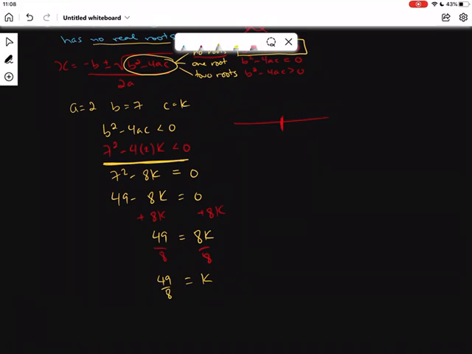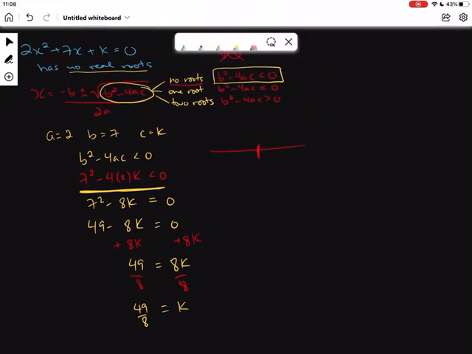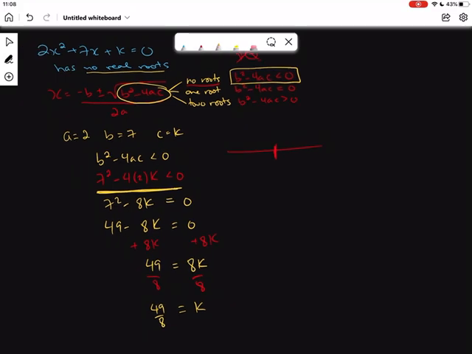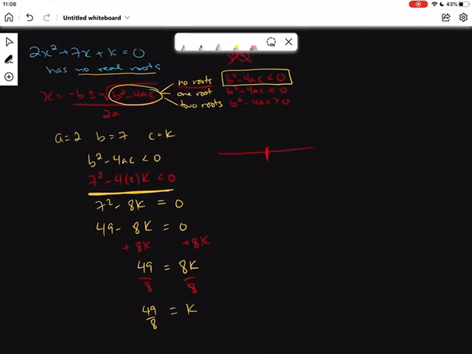So when k equals this number, this whole expression, the b squared minus 4ac, will equal 0. So as soon as k is equal to 49 over 8, that means that I'm in this situation, the one that I'm going to highlight in blue here, where I have equals 0.